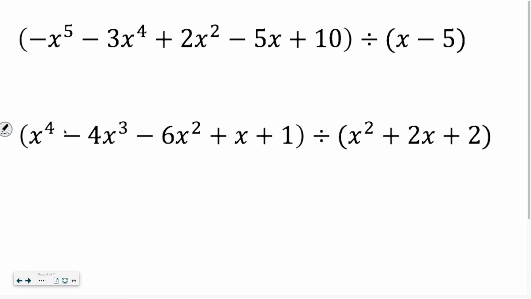You could use either. You could do long division or you could do synthetic because you have a linear factor. So I'm going to tell you to do synthetic. It should be fast. Which method would you have to use for the second one? Long division. We don't know how to divide synthetically with a quadratic factor, so we don't have that option.